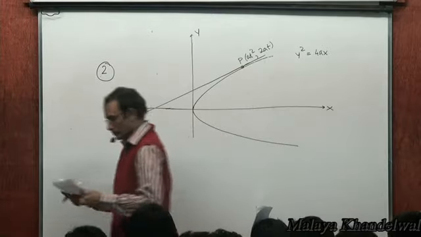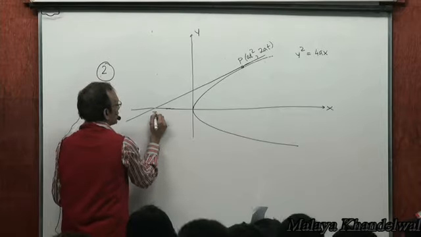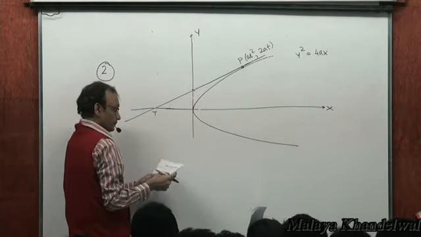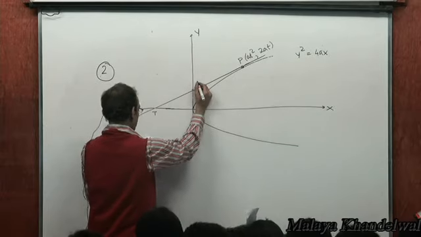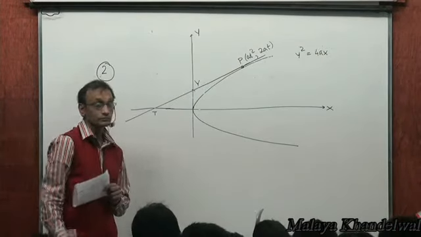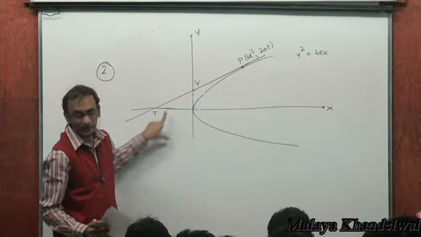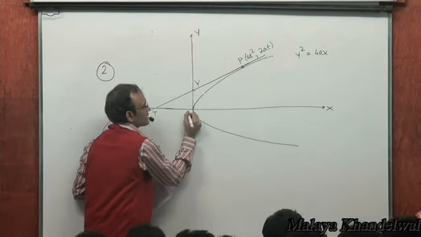The tangent is drawn such that it intersects the axis of the parabola in T and the tangent at the vertex in Y, right? For different P's, you will get different positions of T and Y. A is the vertex of the parabola.